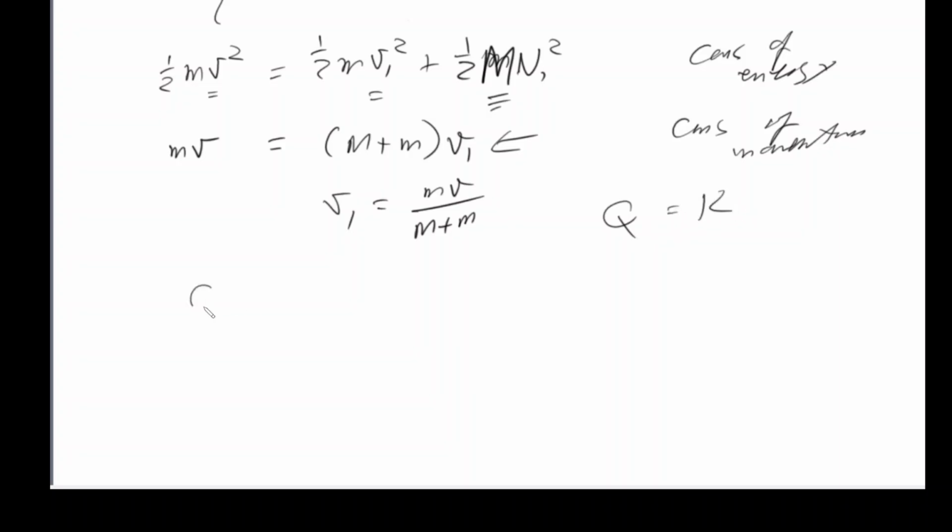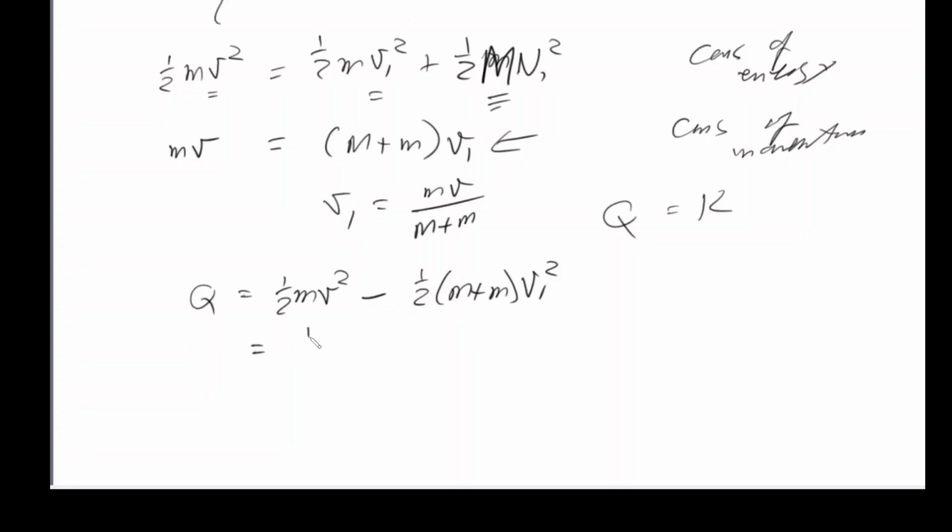Well, in this case, the heat that goes into the bullet is equal to the initial kinetic energy, but some of that energy is lost to the kinetic energy of moving the system. So we have to subtract that. So that's minus 1/2 the total mass of the final system times v1 squared.